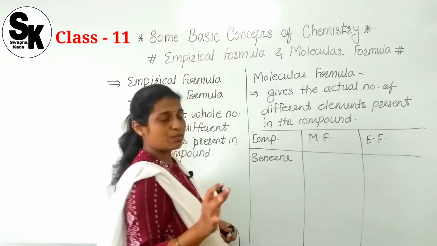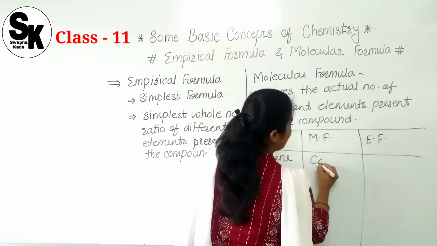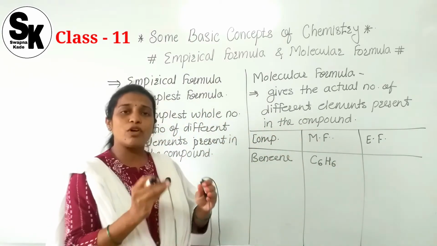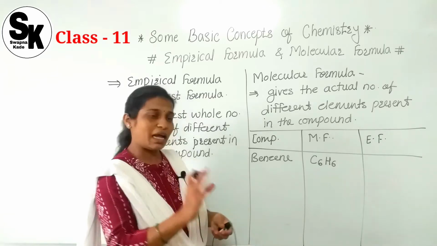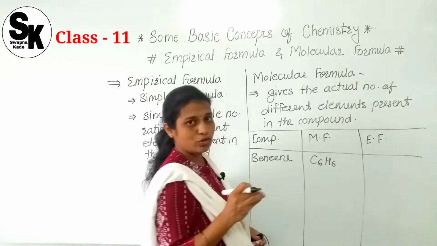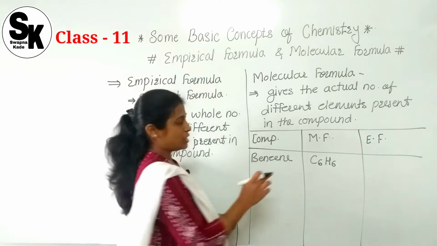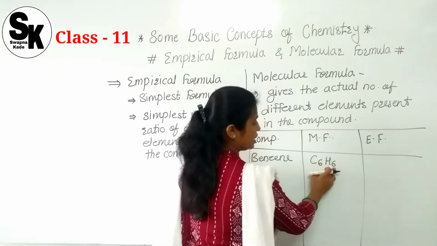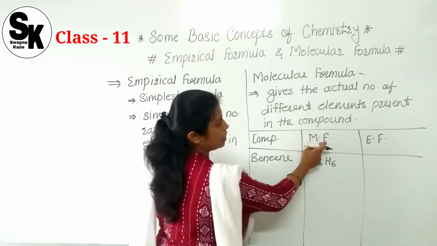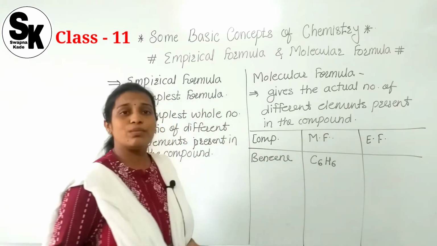Benzene is always represented by the formula C6H6, meaning the actual number of carbon, 6, and hydrogen, 6, is written. That is the molecular formula. Now how to write the empirical formula?